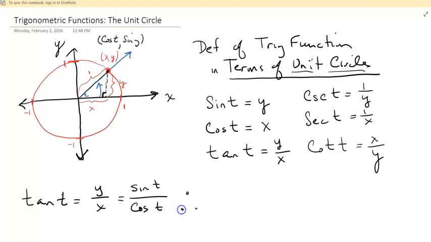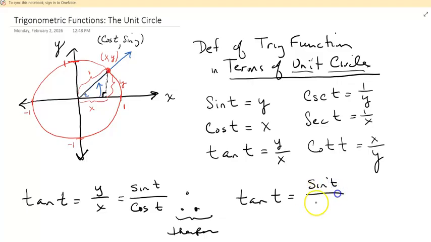So therefore, that's a symbol for therefore, three dots. Therefore, we can say that the tan function of any angle is equal to the sine of that angle divided by the cosine of that angle.